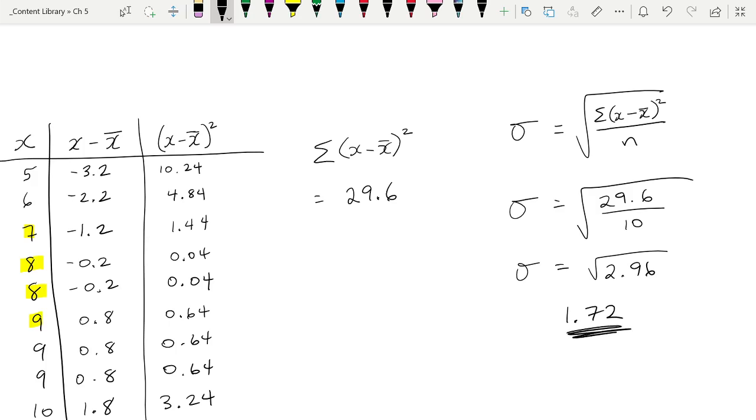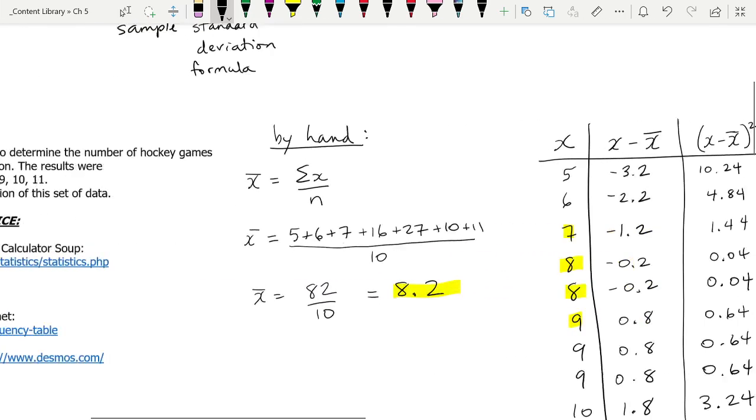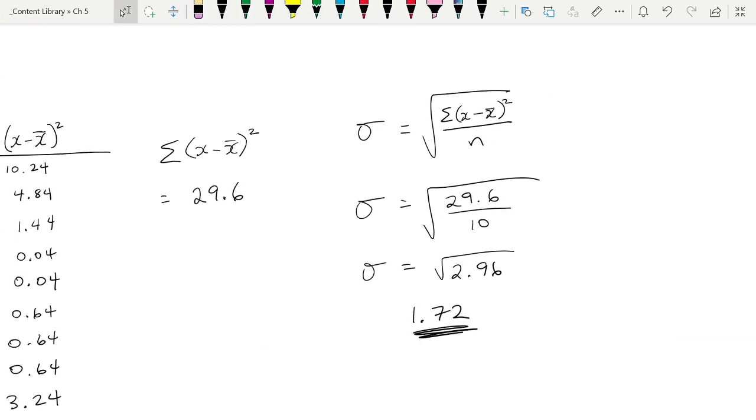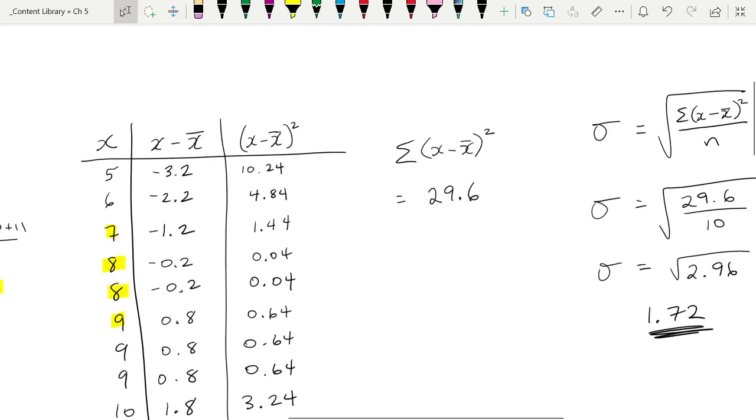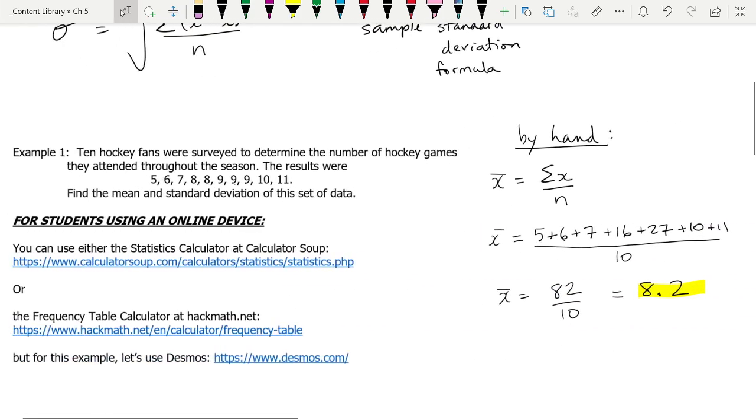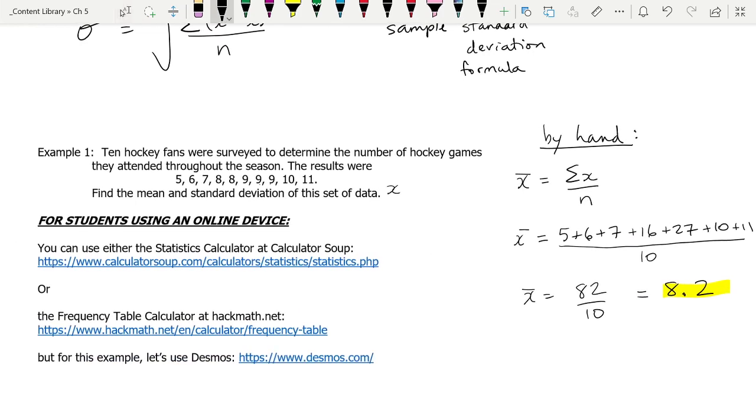So going back to the notes. Oh, am I going too fast? Sorry. Okay, we good now? So go back to the notes there and we can fill that in. According to our calculations, the mean was 8.2 and the standard deviation was 1.72.